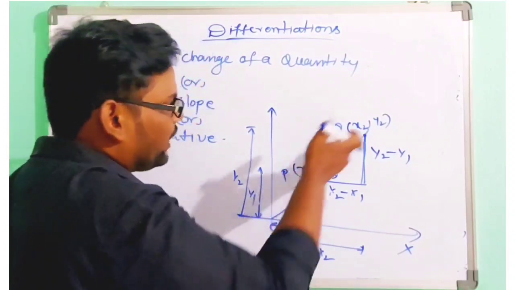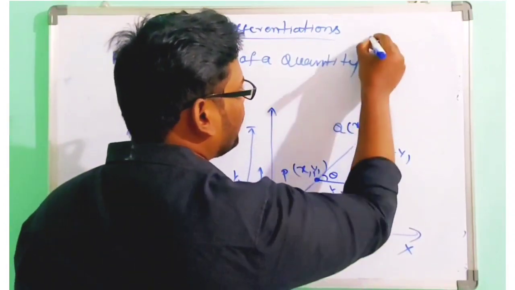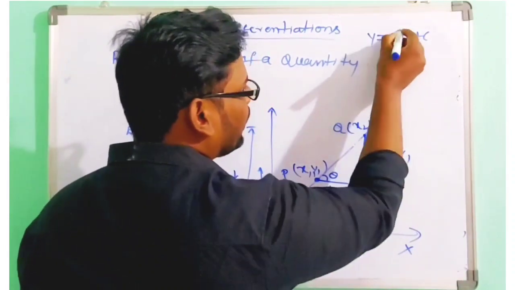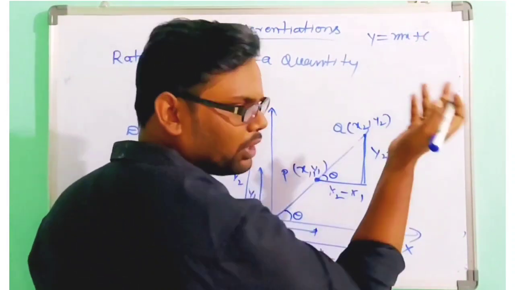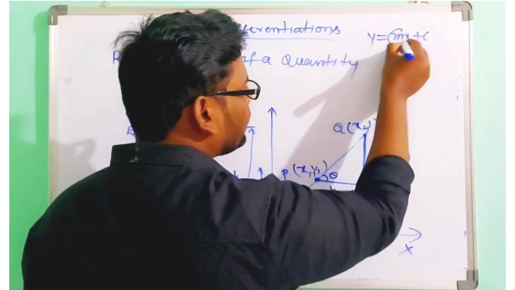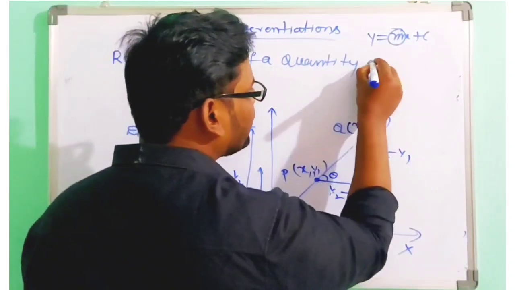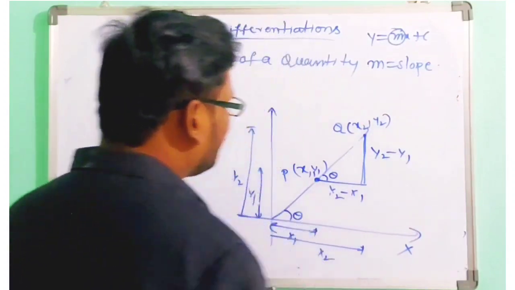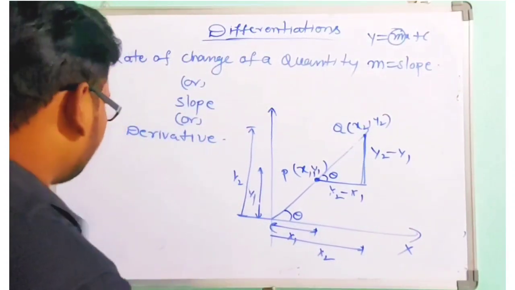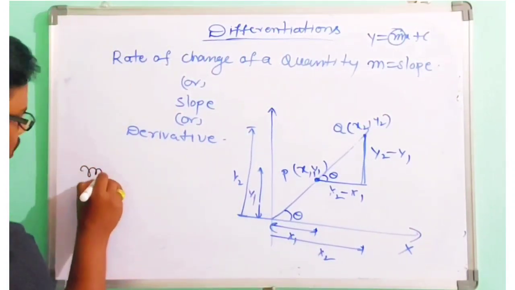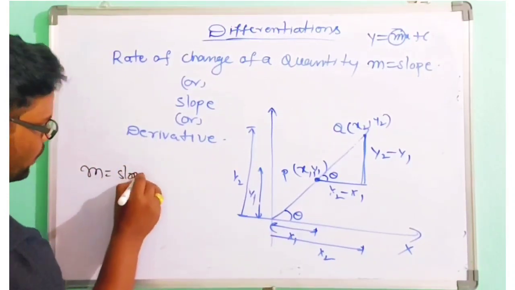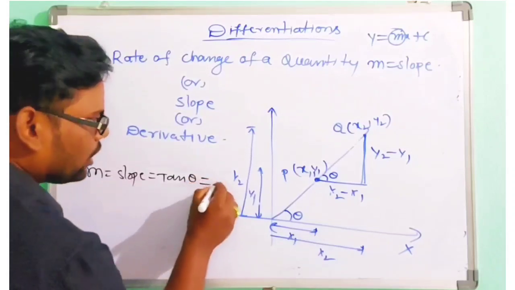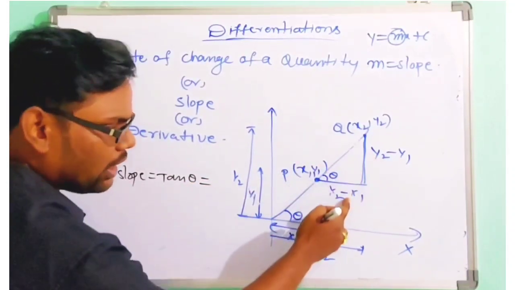Now the line equation, already we know, is y equals mx plus c, isn't it? In this, c is a constant, nothing but the y intercept, and m means slope. So m means slope, which equals tan theta, and tan theta is nothing but opposite by adjacent.